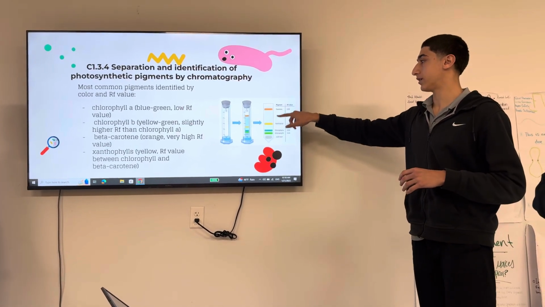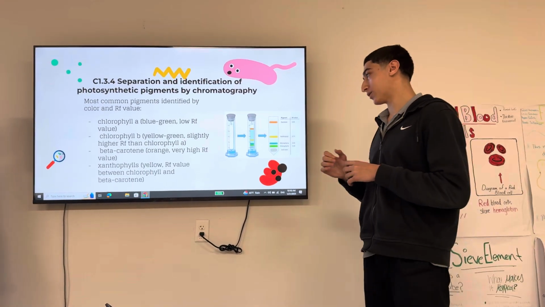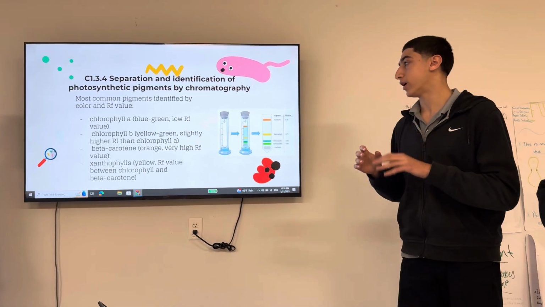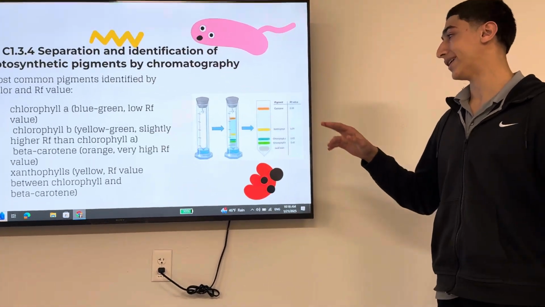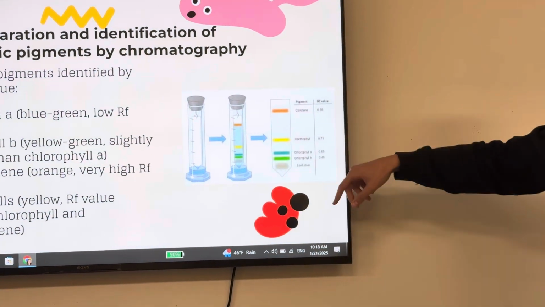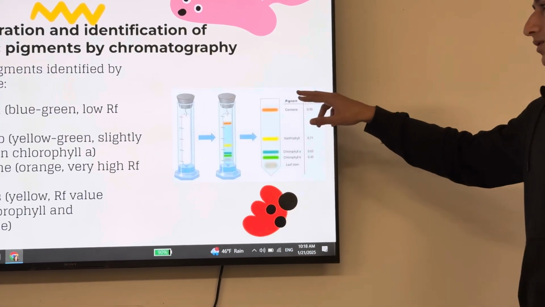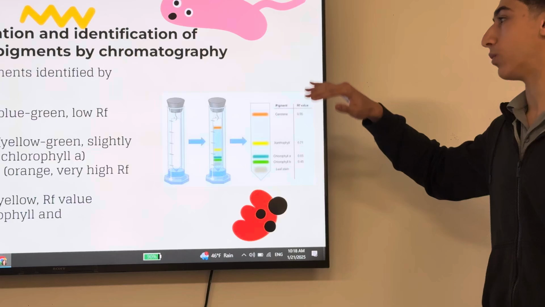As you can see, it's significantly higher than the rest. Then you have xanthophylls, which are yellow, and the RF value is between chlorophyll and beta carotene. Chlorophyll A and B are really close, and obviously carotene is way bigger.